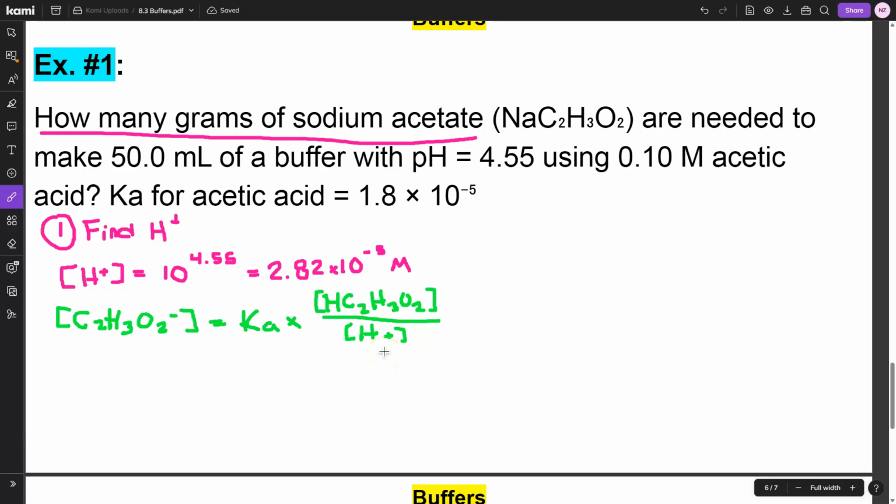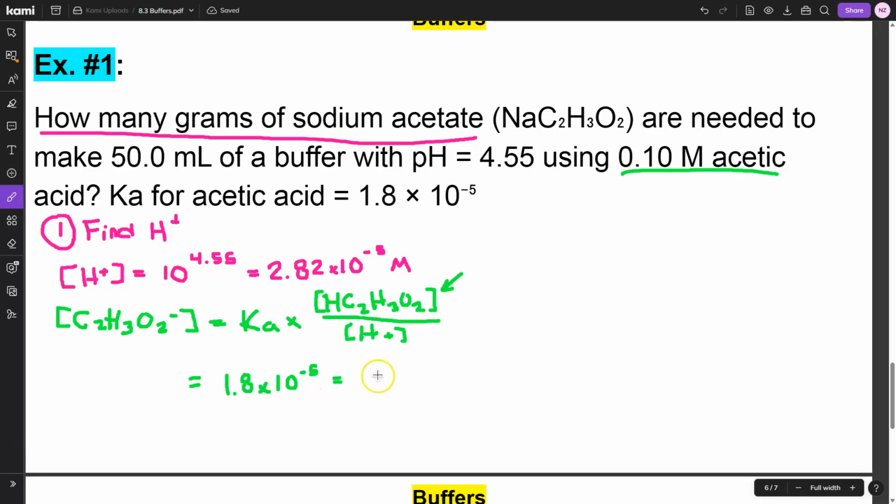Now it's just a matter of plugging everything into our equation to find things. So we know H+, and we know that our acetic acid is 0.1 molar. This is our acetic acid right here. And we know Ka. So Ka is 1.8 times 10 to the negative 5.